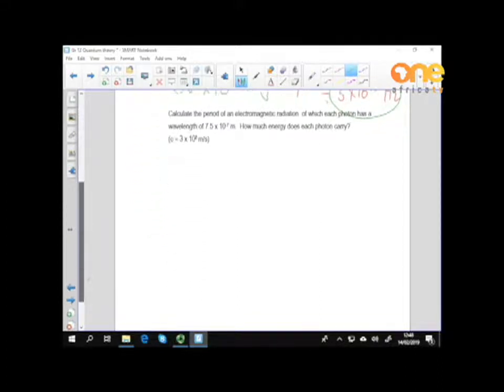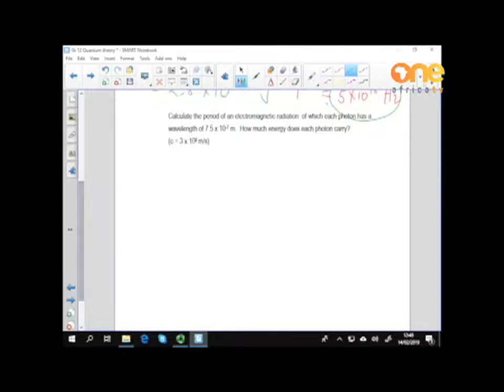All right, the next one. Calculate the period of an electromagnetic radiation of which each photon has a wavelength of that. How much energy does each photon carry? First of all, we need to get the period. Period is equal to 1 over frequency.